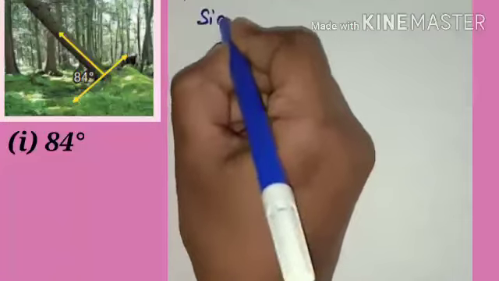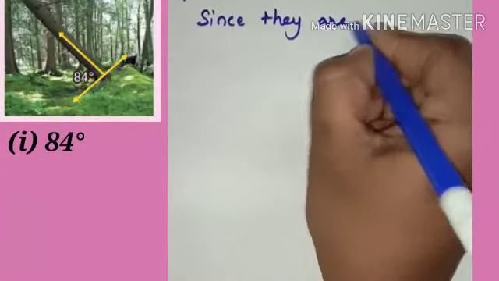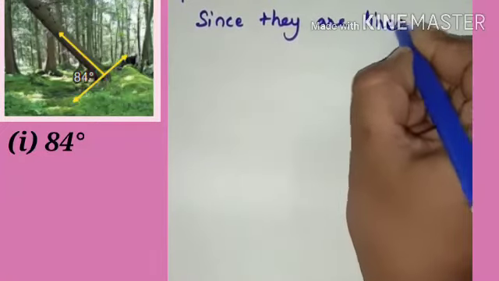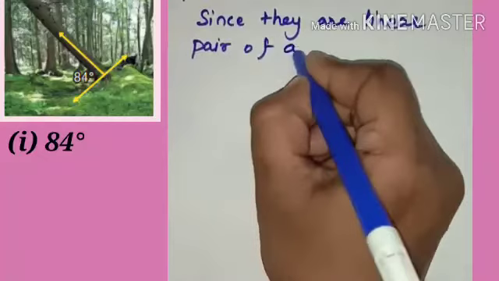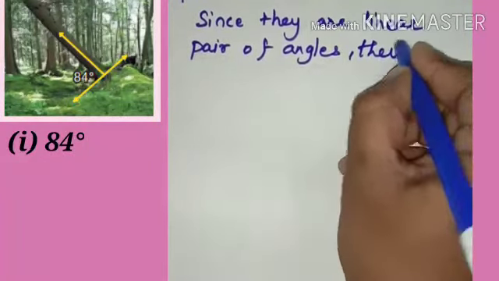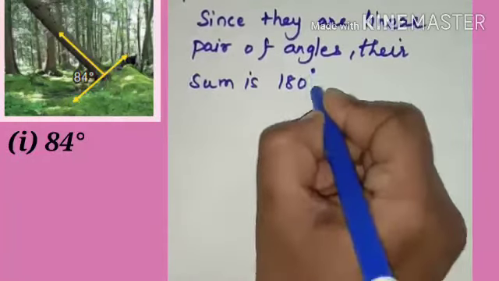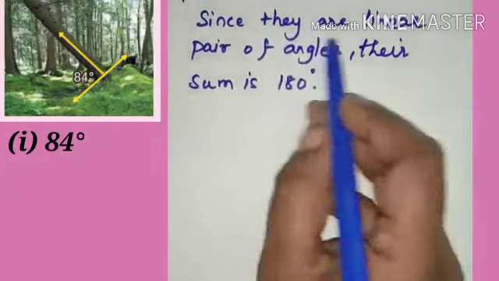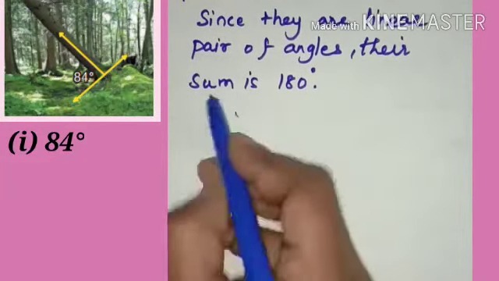Students, since they are a linear pair of angles, their sum is 180 degrees.